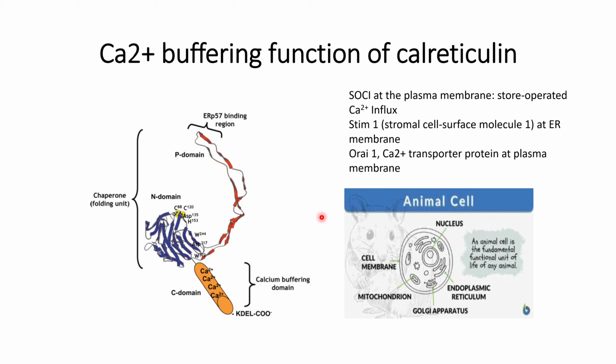In the previous slide, we discussed that Ca2+ binding occurs in the C domain. However, in the P domain, that is the proline-rich domain, Ca2+ binding also happens. The difference between those bindings is that in the C domain, the binding is of high capacity and low affinity.